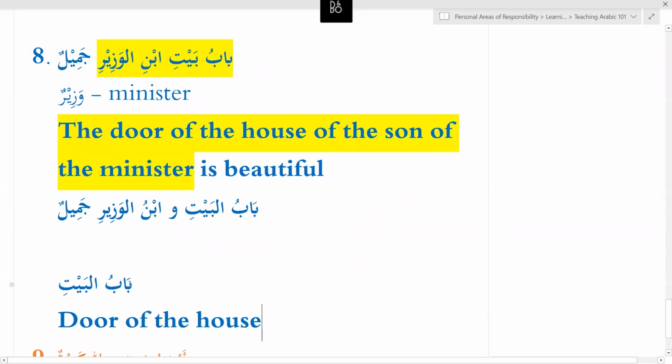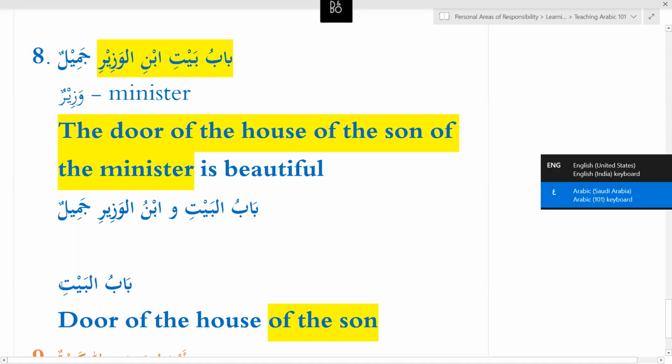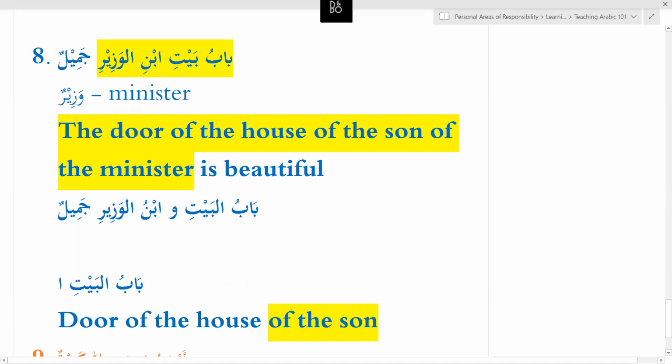Now, how do I say door of the house of the son? How do I put of the son? Son would be Ibnun. So let me just put Ibnun at the end. So Babu al Baiti Ibnun.